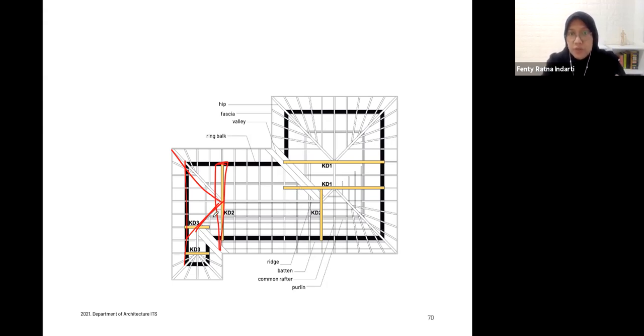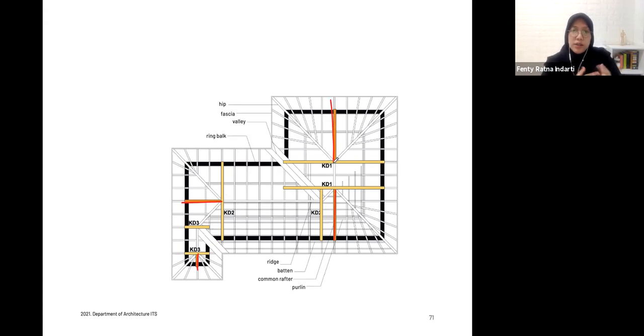After the main rafter, you have to draw the additional rafter because you have a hip roof. It's not a gable roof, it's a hip roof, so you need to have a support on that part here, here, here, and here.